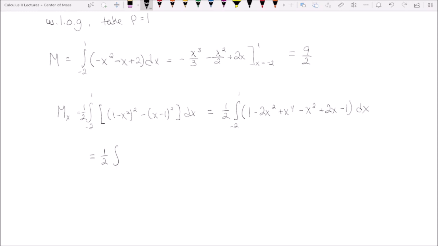And so we get 1/2 times the integral from negative 2 to 1 of x to the 4th minus 3x squared plus 2x. And when we evaluate this out, we get negative 27 over 10.